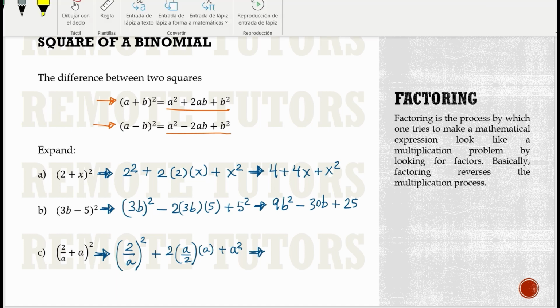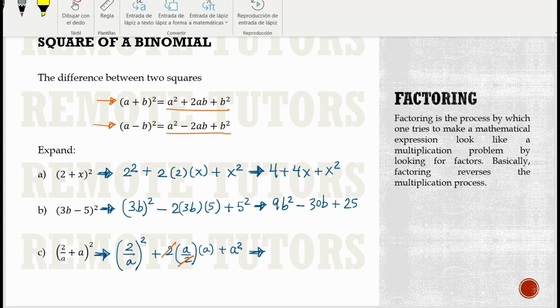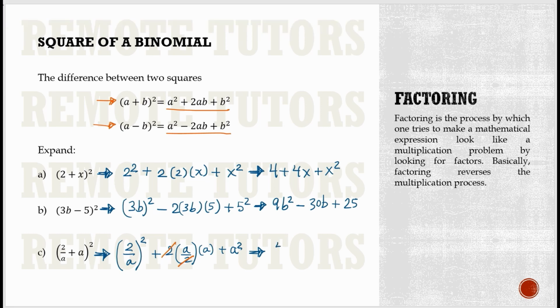Here, we can eliminate the 2's. 2 divided by 2 gives 1. So we will get 4 over a squared plus 4a over a plus a squared. So finally, if we combine like terms, that's 4 over a squared plus 4 plus a squared.